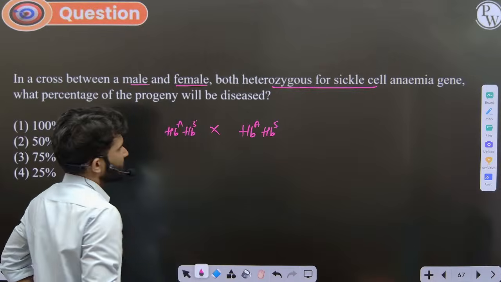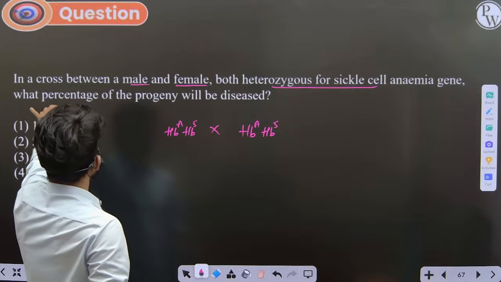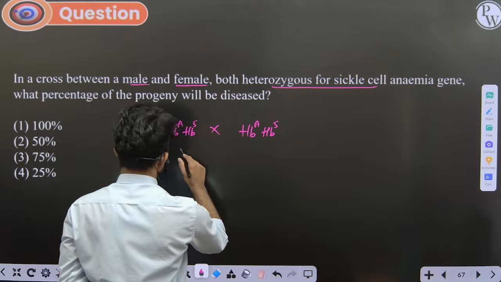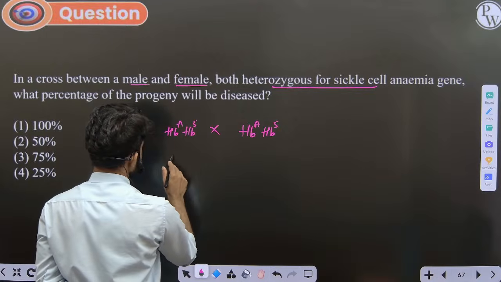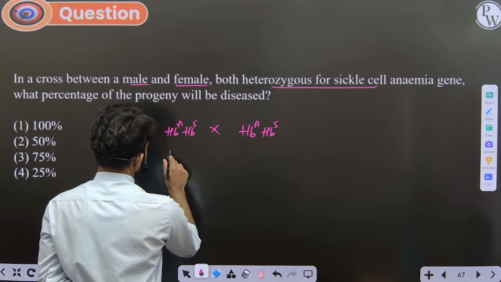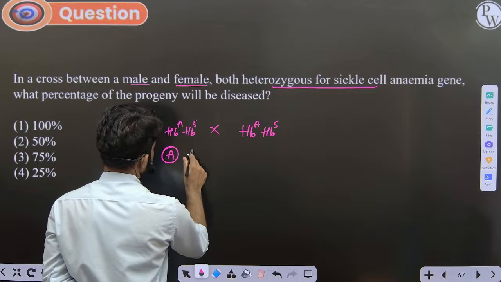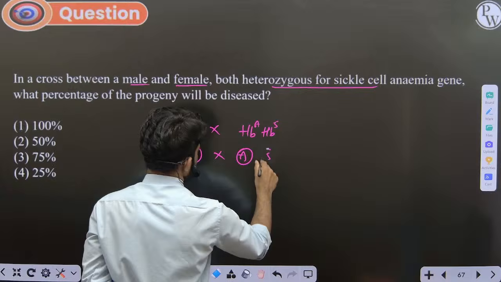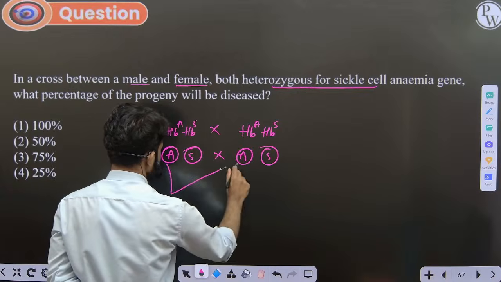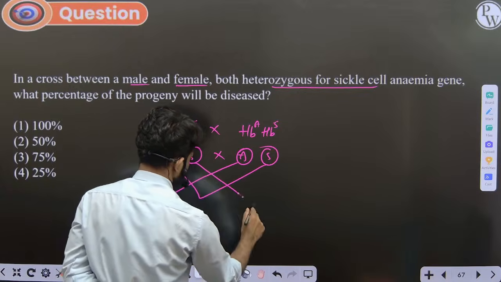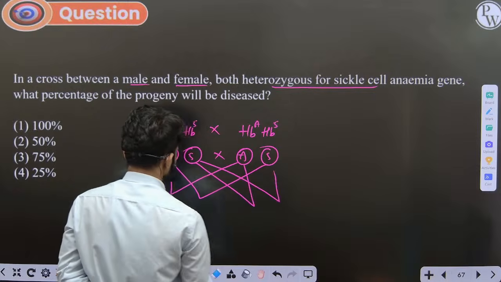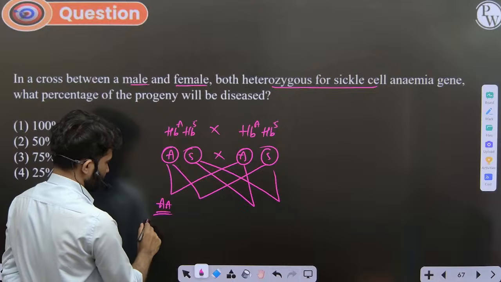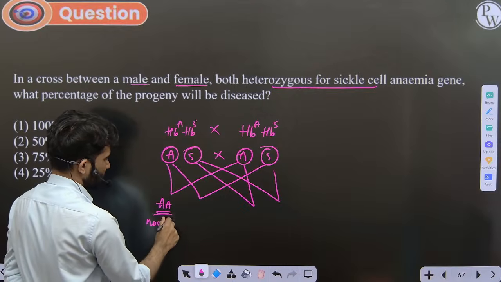What percentage of the offspring will have the disease? Here it is normal because both are homozygous.